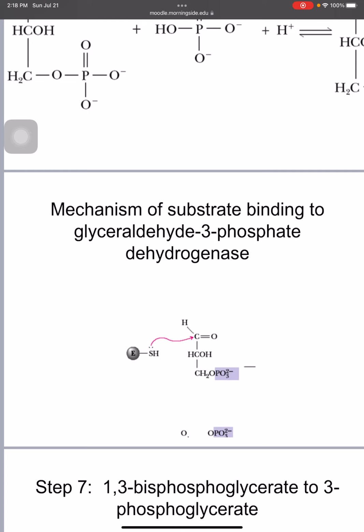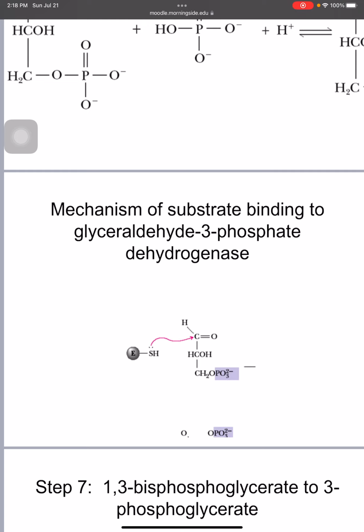When your H- leaves, you also have a reshuffling of electrons that happens around the O. Basically what happens is you reform your carbonyl group, right? So it doesn't show it, but something will come along and pluck that H+ off of your oxygen, most likely water, and that pair of electrons will swoop back down into a double bond. So you reform a carbonyl, right?